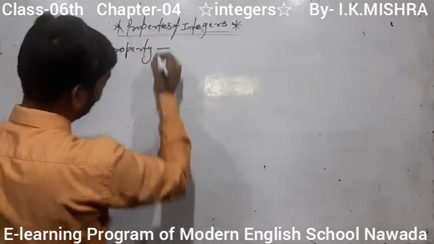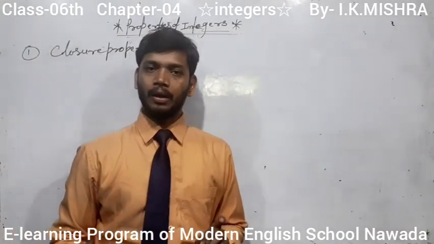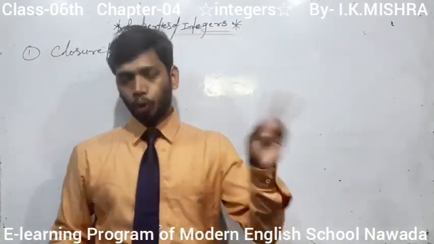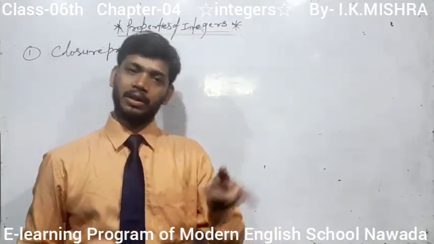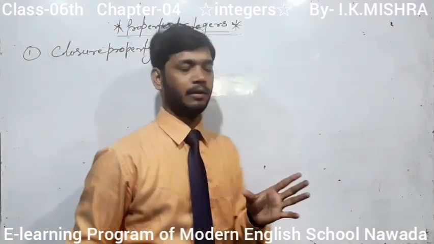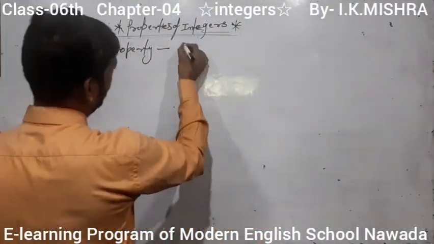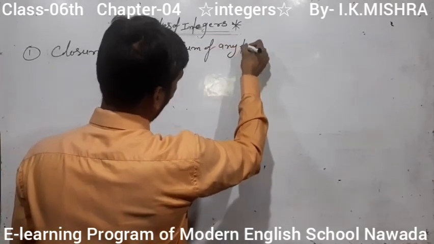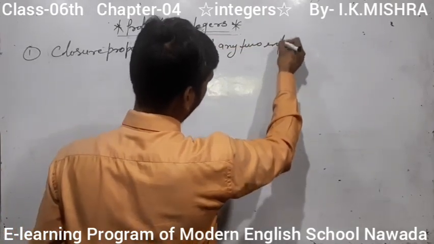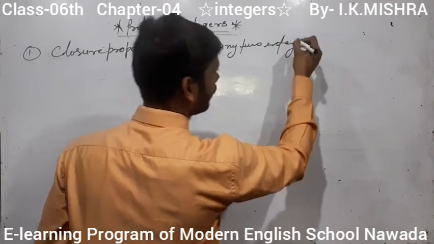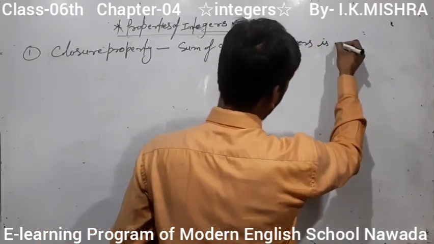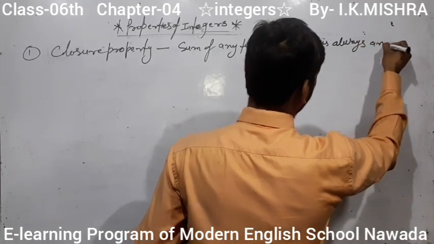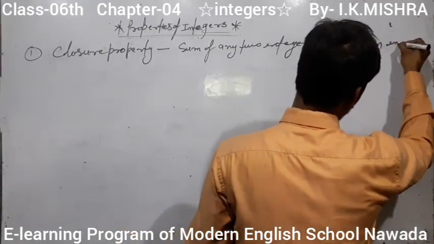Closure property: when you add two integers, the result is always an integer. The sum of any two integers is always an integer.